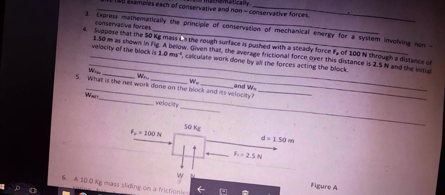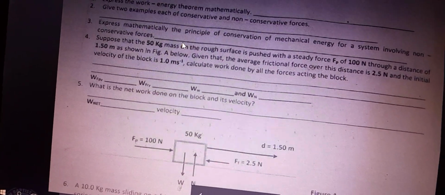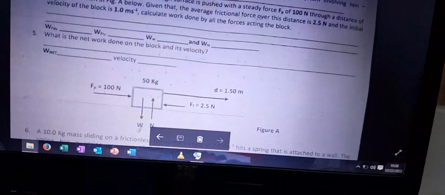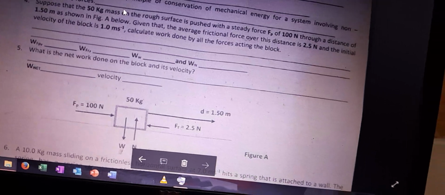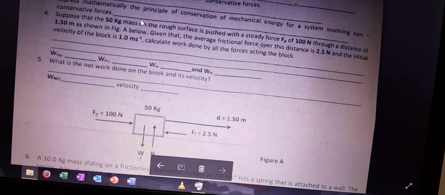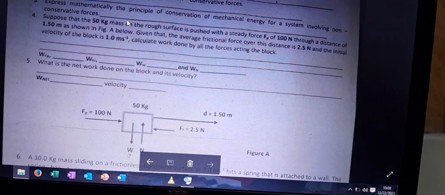The mass in the question is 50 kg, while the velocity is 1.0 meter per second. So the initial kinetic energy is 25 joules.